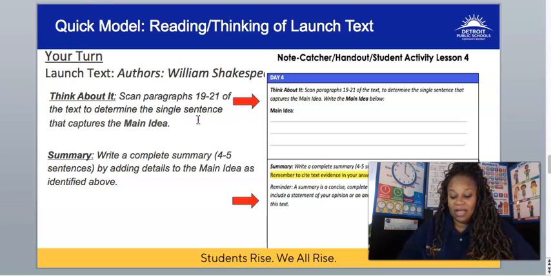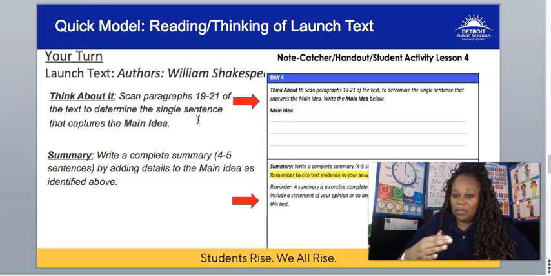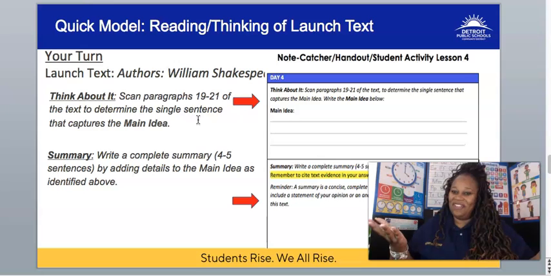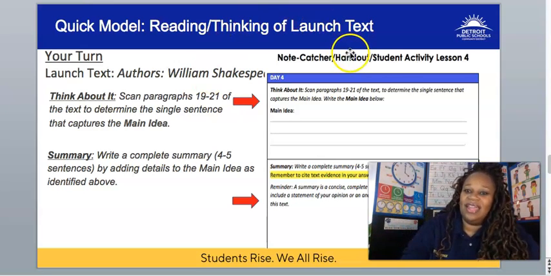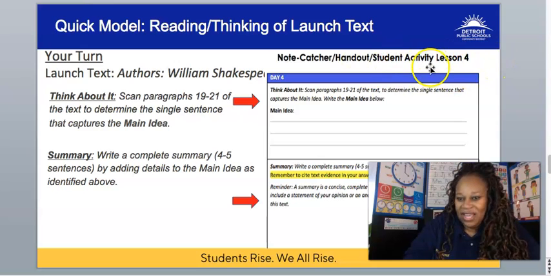That helps us as we get to the summary. When you're writing your summary, scholars, I'd like for you to write 4 to 5 sentences. You're going to add details to the main idea, add supporting details, and there you will have your summary. Use the space in the note catcher handout student activity for lesson 4.